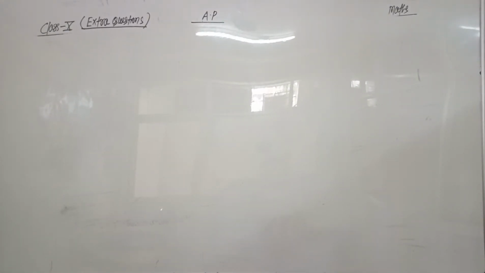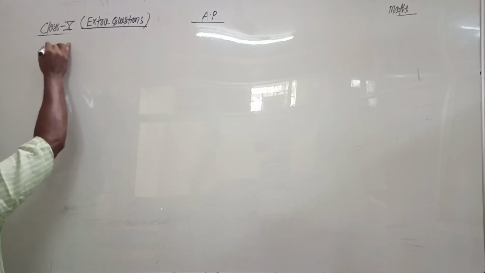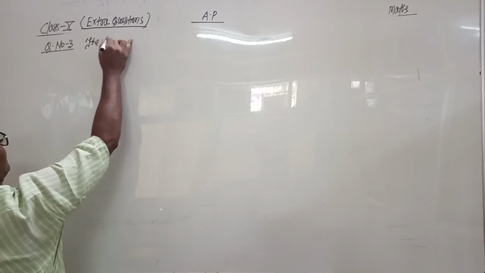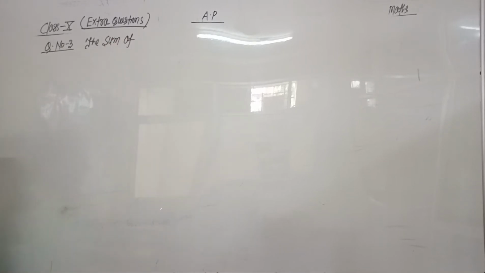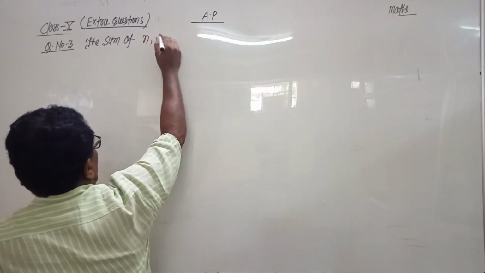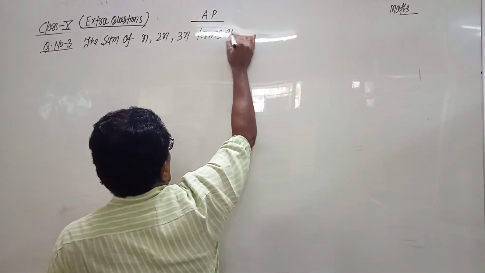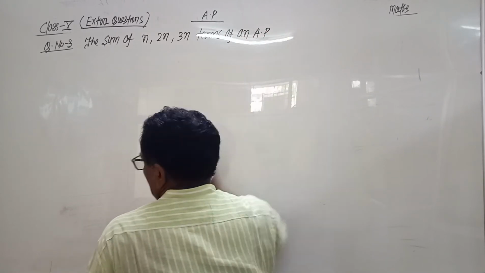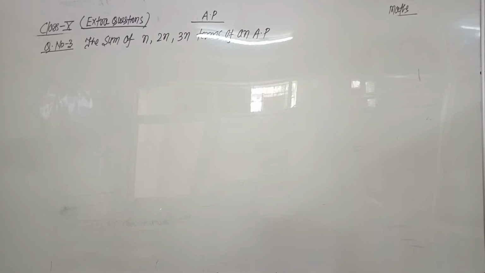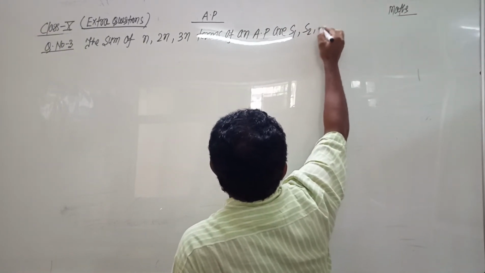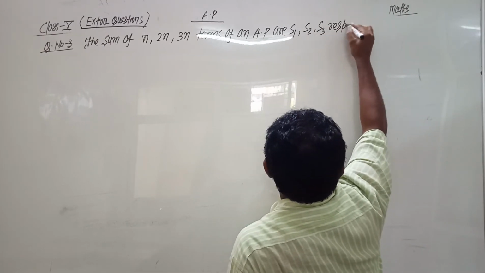Then question number 3. The sum of n, 2n, 3n terms of an AP are S1, S2, S3 respectively.